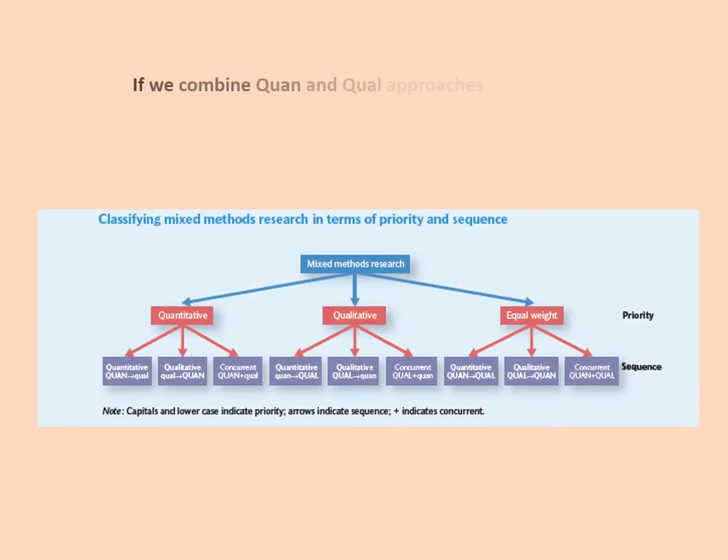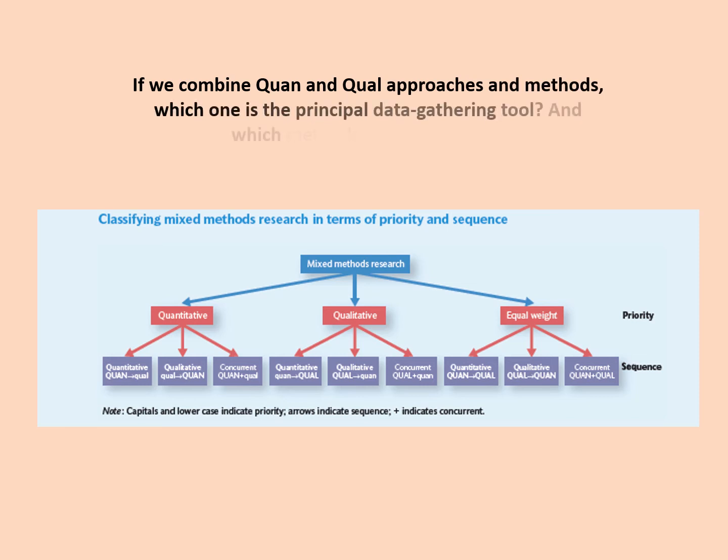In combining quantitative and qualitative approaches to social research, there are a series of questions that we need to answer when we put together the research design. Among the most important questions is, which one is the principal data gathering approach?